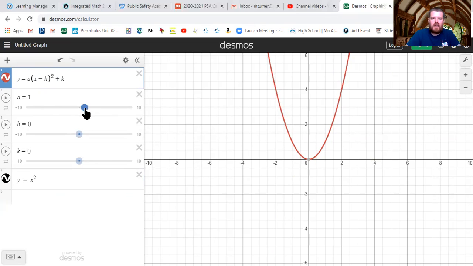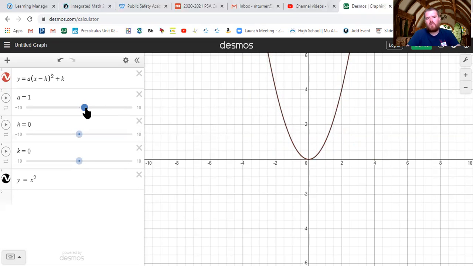If I increase a, let's say it changes from x squared to 2x squared or 3x squared, notice how it's getting compressed basically because it's increasing faster. So it looks like it's getting more narrow. And then vice versa, if I decrease a, but still keeping it positive there, then it'll make the graph wider. So a will make it wider or more narrow. If it's negative, it'll flip it.